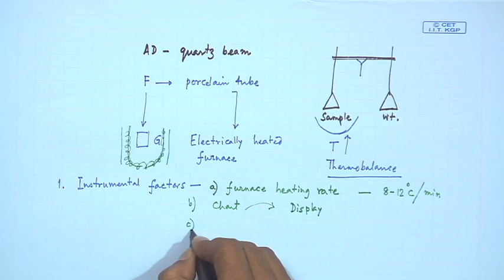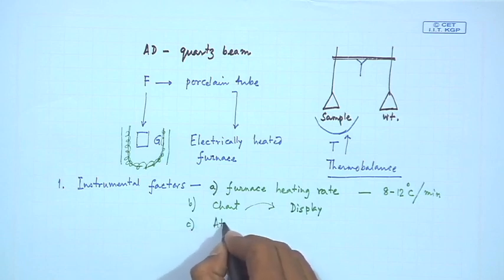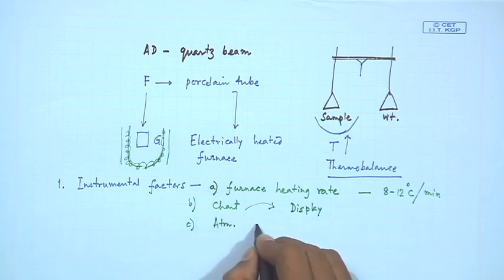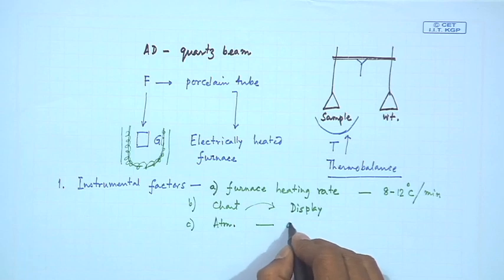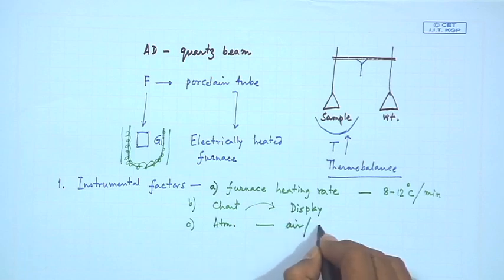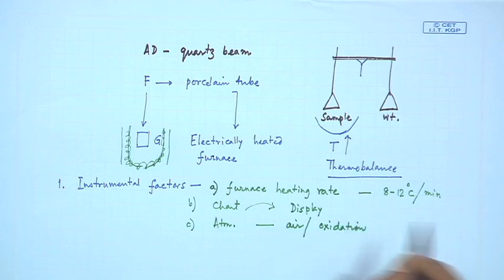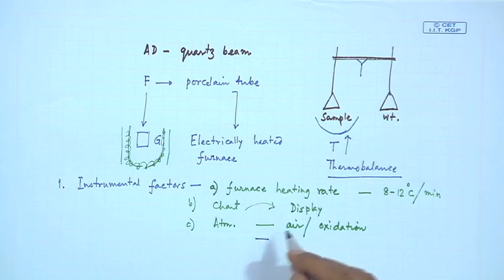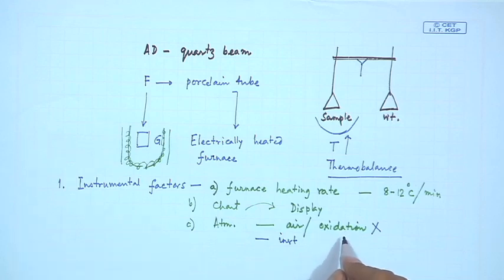Then it is dependent on the furnace atmosphere, as we have seen just now: if it is air, we can expect that there is some oxidation of the material. So, we can have air or some inert atmosphere, where we do not expect any kind of oxidation or sometimes the typical decomposition.